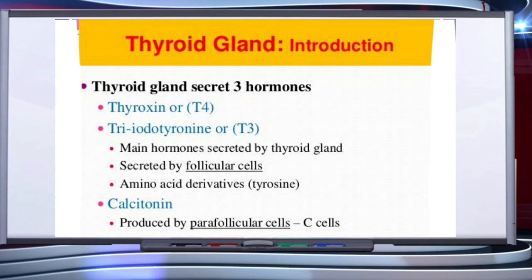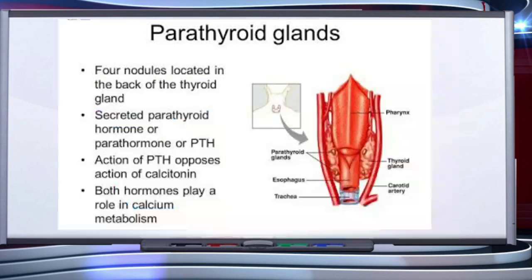Thyroid gland secretes three hormones: thyroxine or T4, triiodothyronine or T3, the main hormone secreted by thyroid gland, which are amino acid derivatives of tyrosine, and calcitonin produced by parafollicular cells, that is C cells.